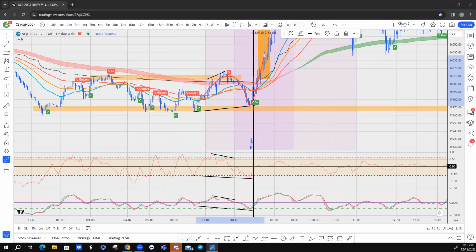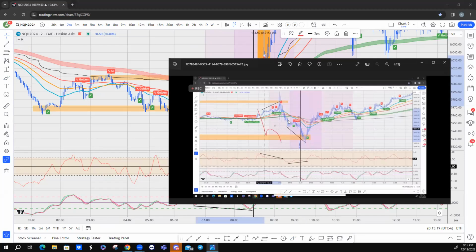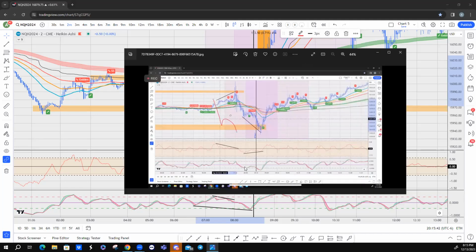Oh, here, Zach posted a chart. Right here. So his question was about the divergence right here. This is what I was talking about earlier: I don't need both of these oscillators to show me the same divergence. As long as one of them is showing the divergence, that's good.